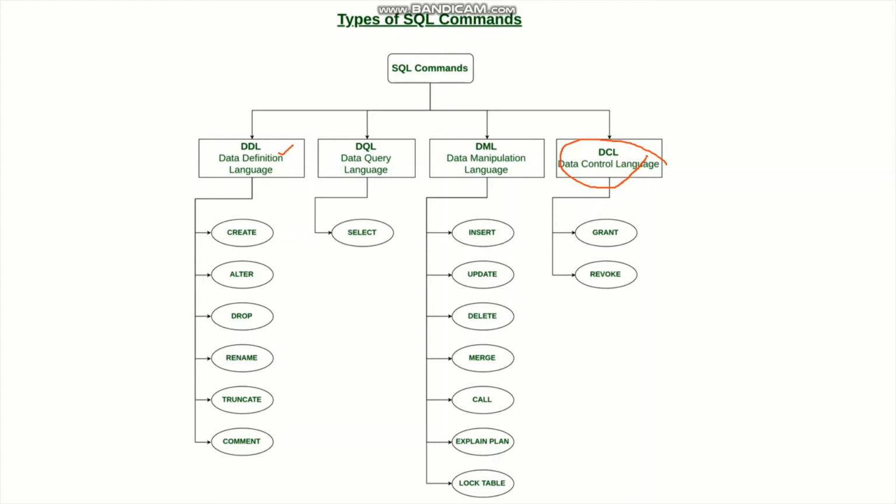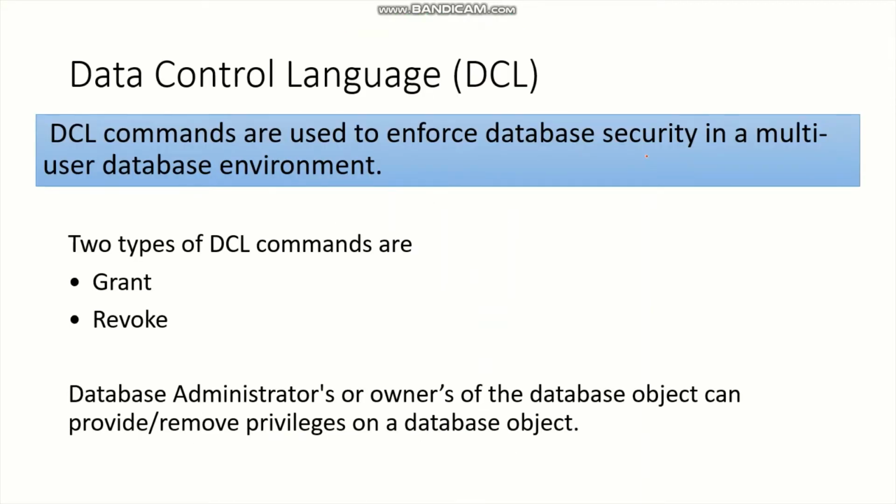Actually, DCL is about the assignment of privileges in an environment where we have multiple users of a database. Simply, we can say that using DCL, we can grant and revoke privileges to different users. So in DCL we have actually two things.